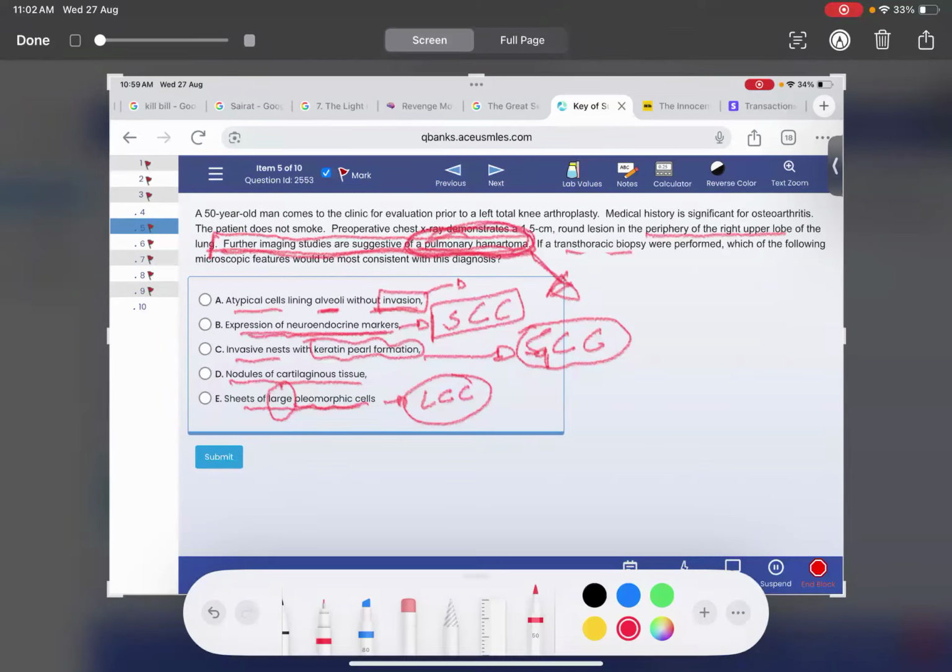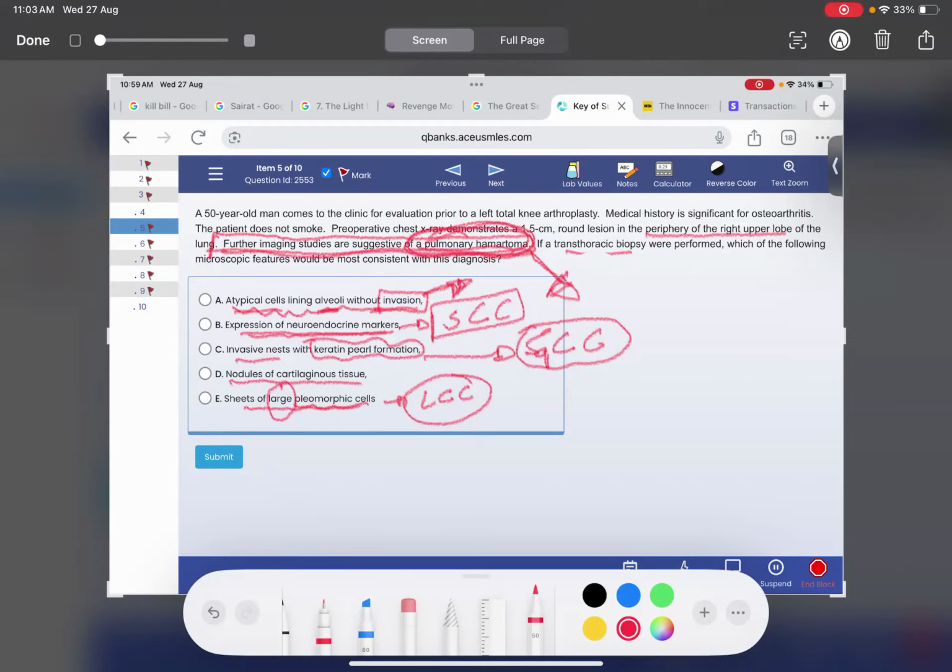It is a benign condition, and probably option D is correct. Yes, D is correct, but what is the condition in option C? That is a benign tumor because it is not invading, so it is not malignant. Atypical cells are there, but it's not an invasive type.